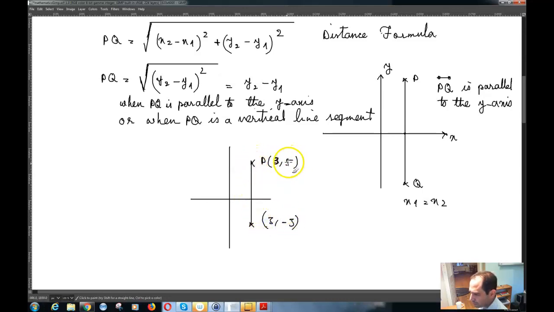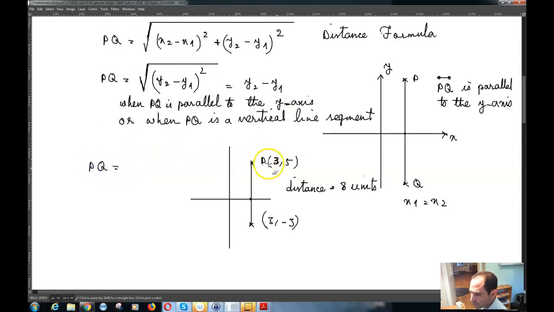The distance between these two points is actually 8 units, because you have 5 units over here and 3 units over here. Now let's use the formula that we found over here.